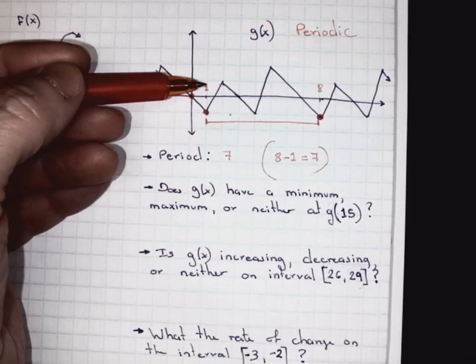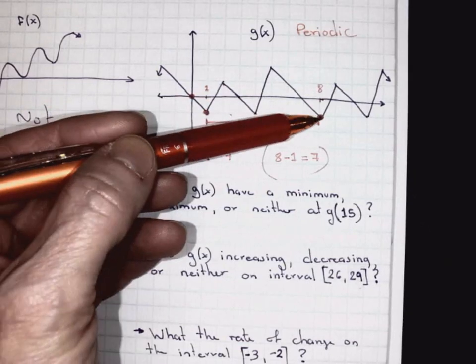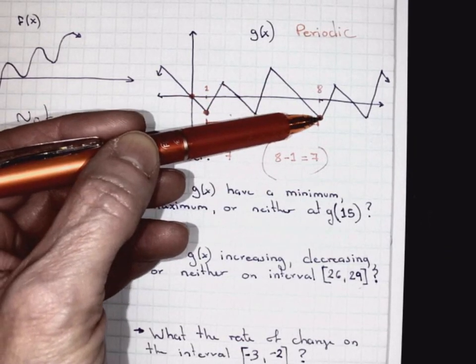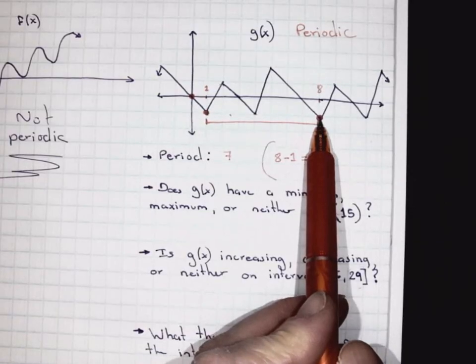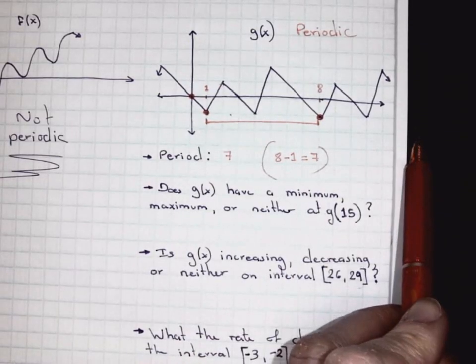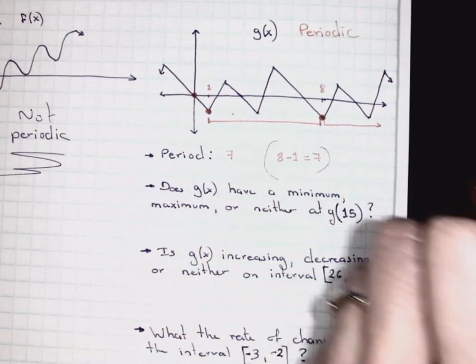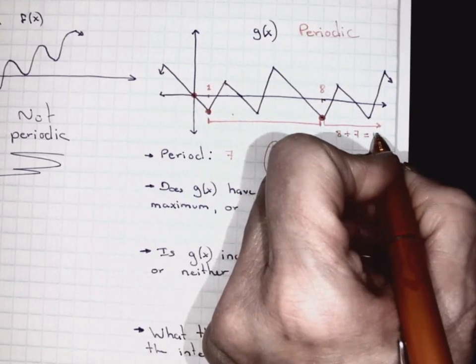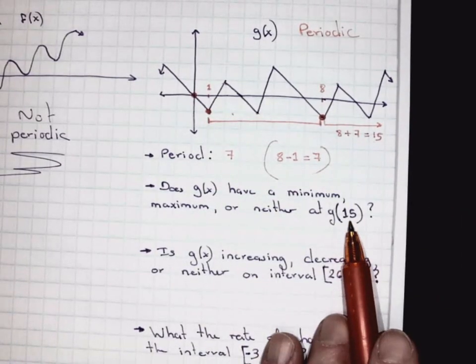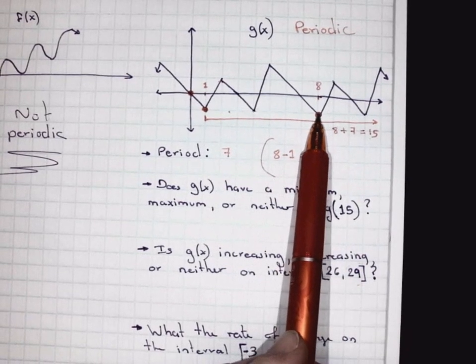So I'm starting at 1, and when I'm arriving at 8, I will have done one cycle of 7. Well, if I do another cycle of 7 from 8, where would I be? If I do another cycle of 7 in that direction, 8 plus 7 is 15. That's exactly the one I'm concerned about. So 8 is a minimum.